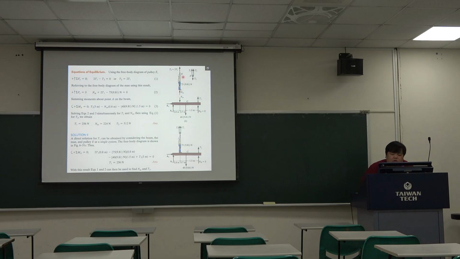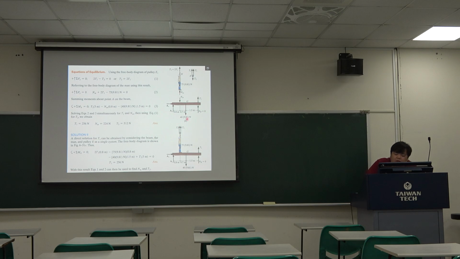So we can draw the three-part free body diagram first. In the beam part, we have one support at point A, so we have the two direction reactions. And at point B, we have one perpendicular reaction from the roller support, and we also have the tensile force at this part, and this beam has its weight.